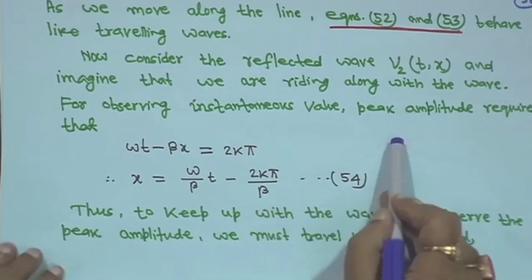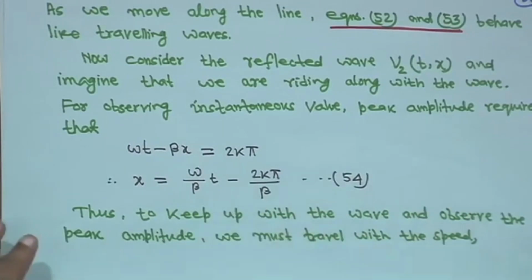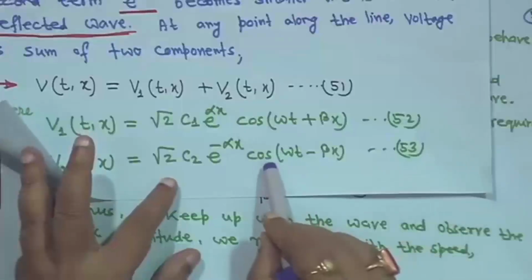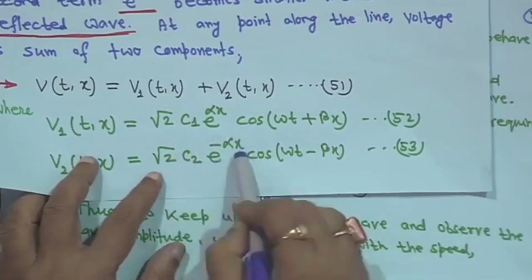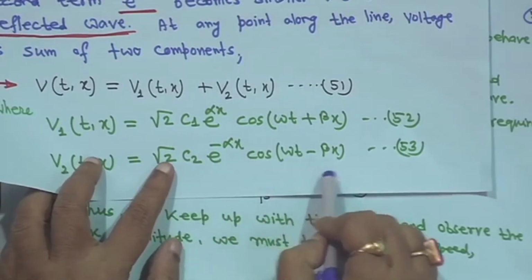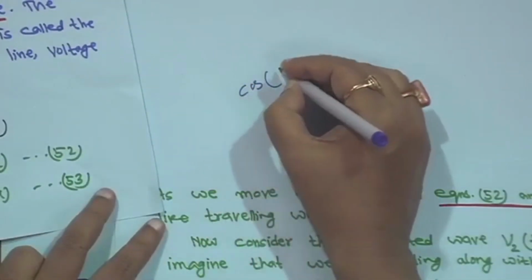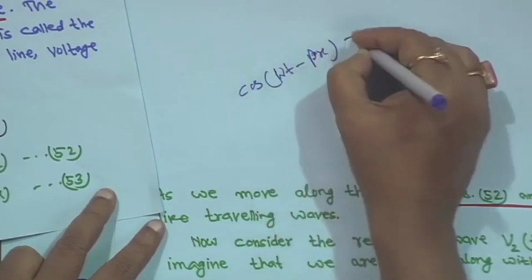For observing the instantaneous peak amplitude of the reflected wave, it requires that omega t minus beta x is equal to 2 k pi. That means, whatever the peak value root 2 C 2 e to the power minus alpha x is, the cosine of omega t minus beta x must be equal to 1.